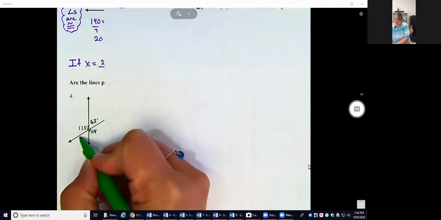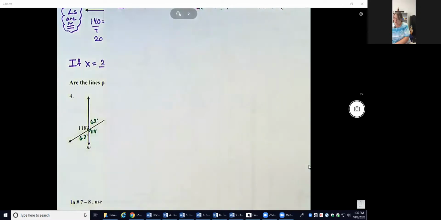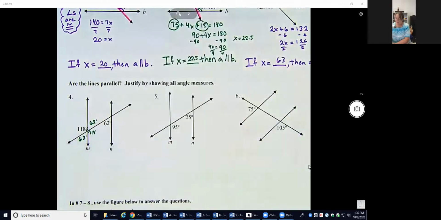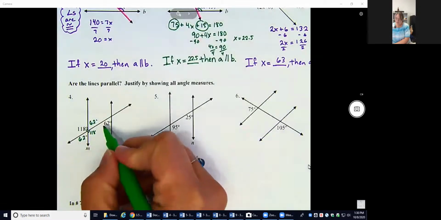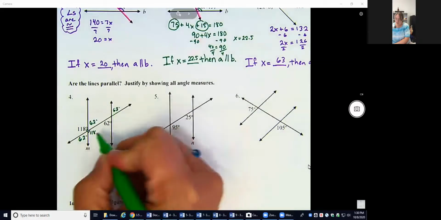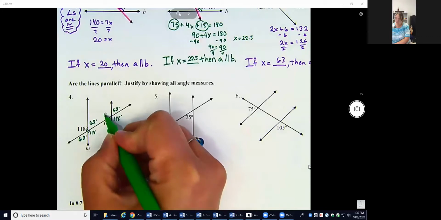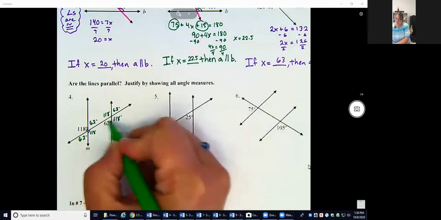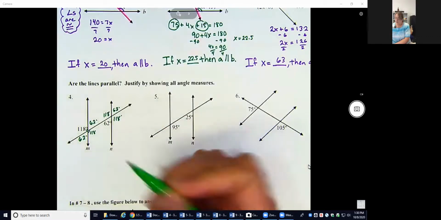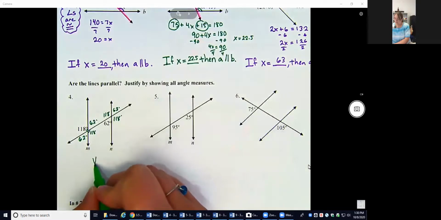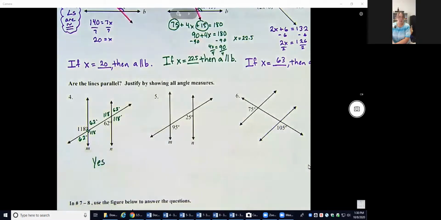You would also have 62 here. Now, luckily for us, that 62 is corresponding here, vertical here, and of course a linear pair with 118. Because all the angles are congruent and corresponding, then these lines are parallel. So this is yes.